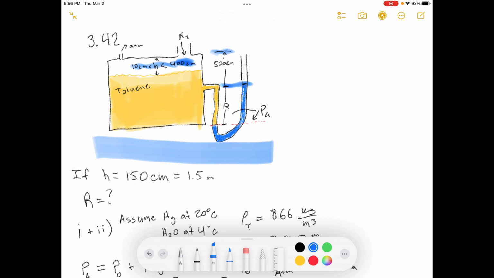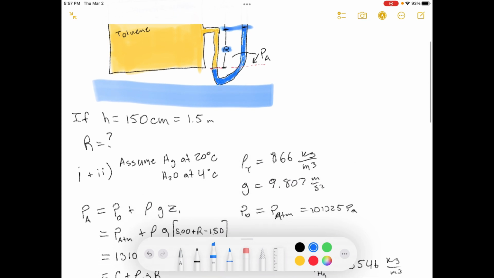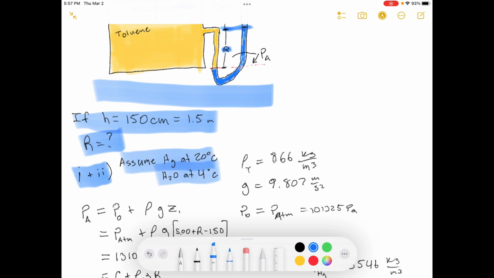We need to figure out what R is. So they gave this information to us. We're going to solve it generically first, and then we'll just substitute in the water and mercury values as needed.